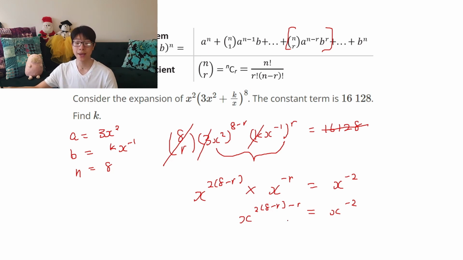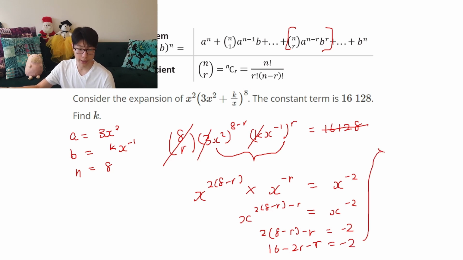Since it has the same base, we can just ignore the x's and have an equation for the indices only. Because if the indices are the same, our left-hand side will equal the right-hand side, given it's the same base and there's nothing else going on in the equation. So I've rewritten the equation right here, and let's simplify it a little bit, and we'll get something like this.